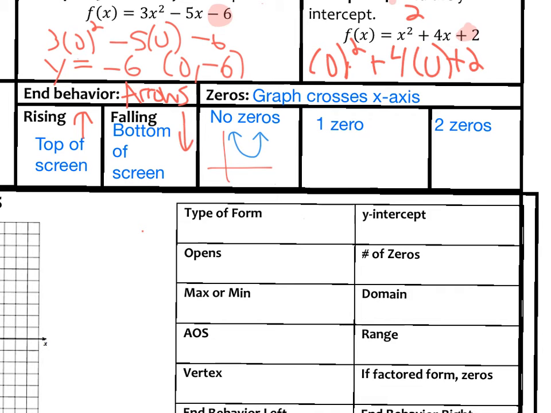If there are 2 zeros, the graph crosses it twice. And both of those dots are where our answers are. Now, 1 zero is something that we haven't talked about much, but we've seen this is where it kind of bounces off the x-axis.